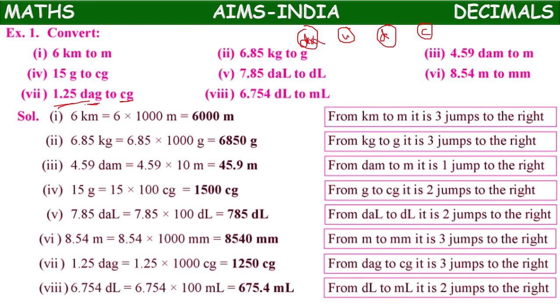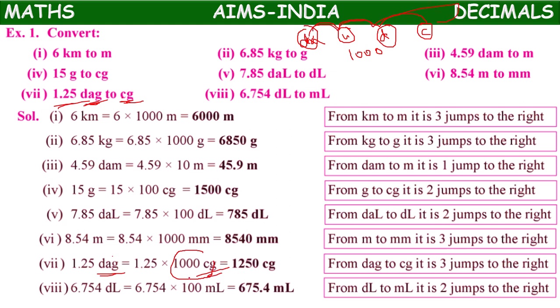Now they are asking us to change from deca to centi. Deca to centi means higher to lower. Means one step, two steps, three steps. Means with 1000 we have to multiply. So 1 decagram equal to 1000 centigram, because we are jumping 3 steps.